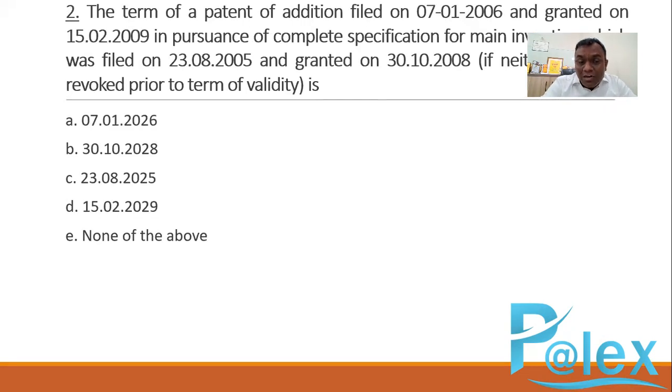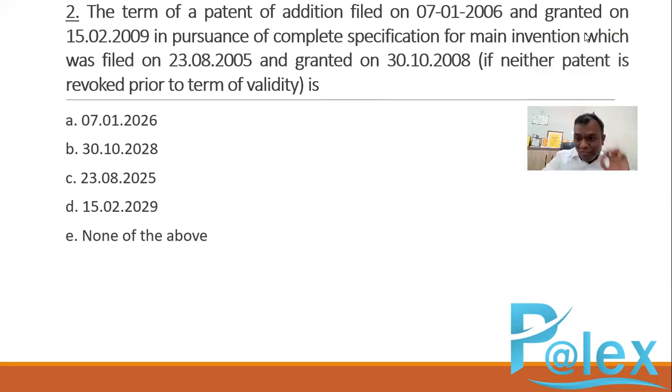Now, the term of a patent of addition filed on 7th January 2006 and granted on 15th Feb 2009. The main invention was filed on 23rd August 2005 and granted on 30th October 2008. None of the patents is revoked, as the bracket mentions.